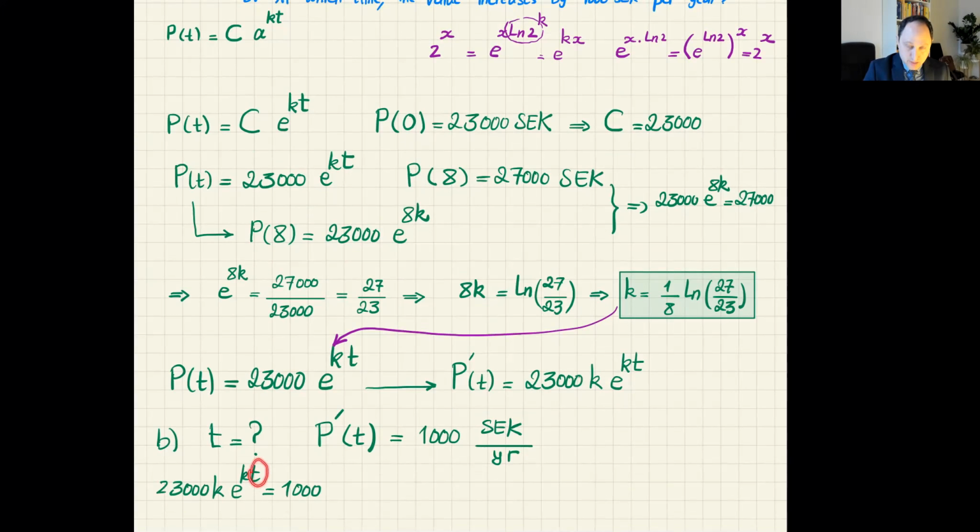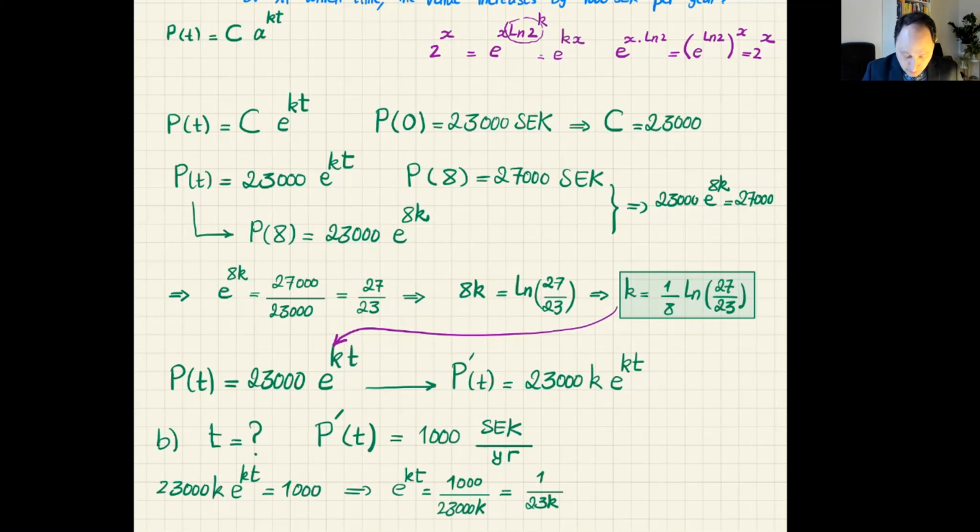The only unknown is t, which is wanted in the problem because we already calculated k. Okay, so if I want to find this, I divide everything by 23,000 k. Then e to power kt is 1000 divided by 23,000 k. But I can simplify that by 1000, so the numerator becomes 1. The denominator becomes 23k. Okay?